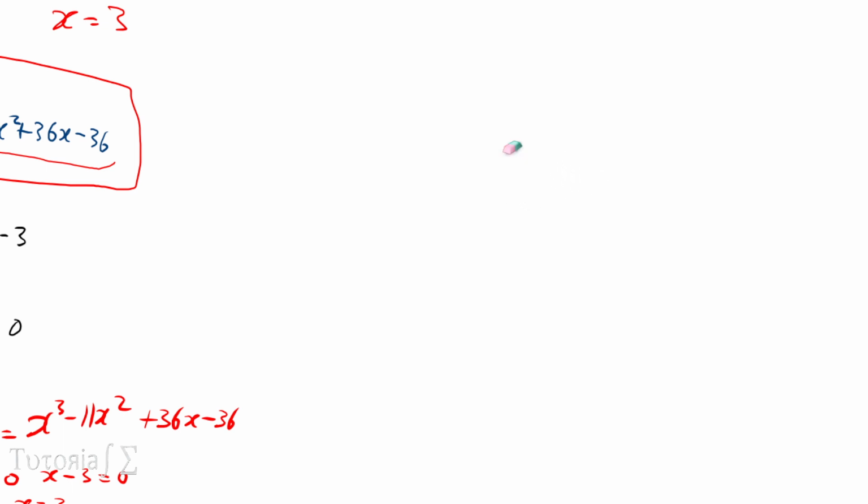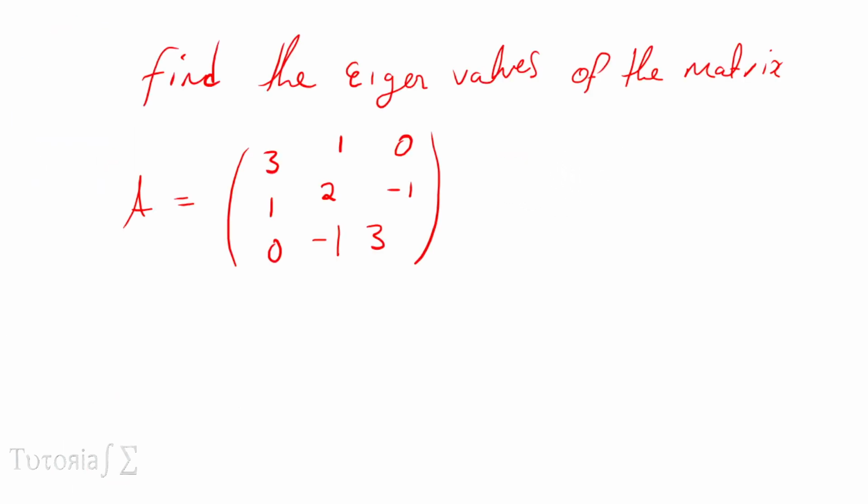Yes, just a minute. Let me just see the question. So for this matrix that is here, there was a 3 here. So I want us to find the eigenvalues of this matrix. Basically, we are going to find the characteristic polynomial, which is just the main diagonals minus lambda, like that.